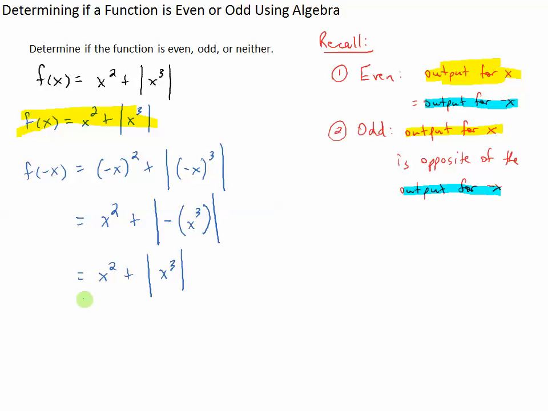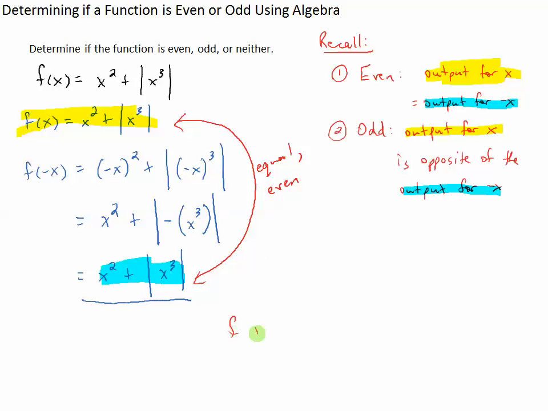So this is the simplified version of f of negative x. It's the blue thing from over here. It's the output for negative x. Well, now you may notice that this equals the output for x. So what that means is the function is even. So f is an even function. We get the same output whether we input x to the function or we input negative x.